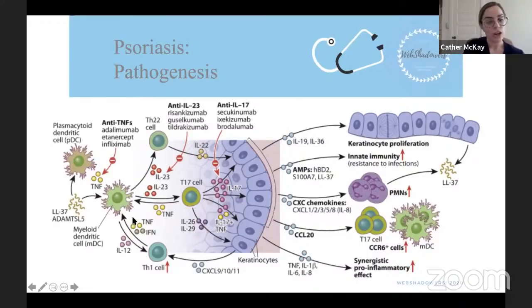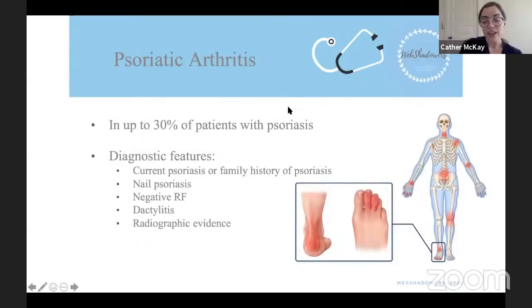And then as we've figured out more specific and further down the pathway, getting more specific to what's really driving the psoriasis, they've developed IL-17 inhibitors, and IL-23 inhibitors are the newest ones. So there's a lot of inflammation, but we've gotten some pretty good treatments because they've figured this out. And then psoriatic arthritis.